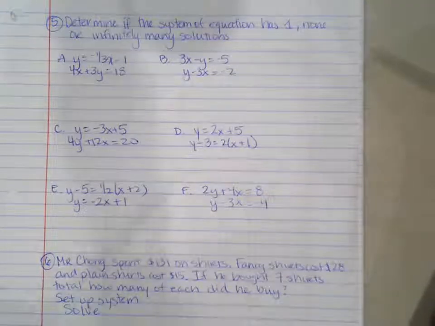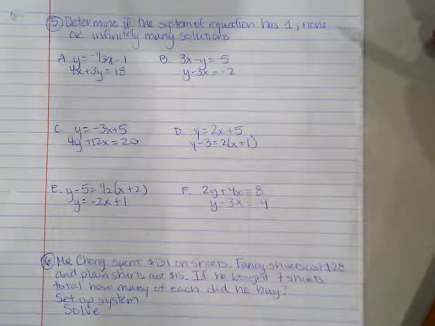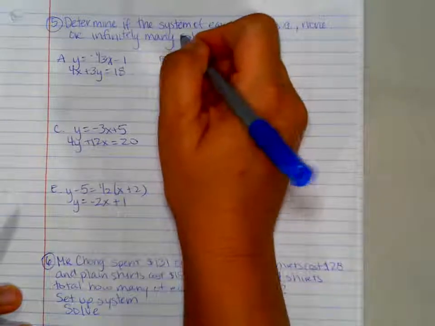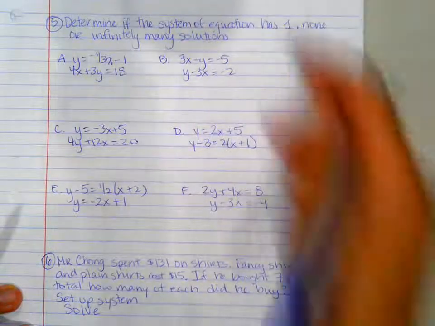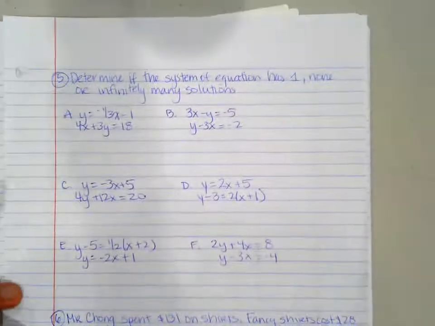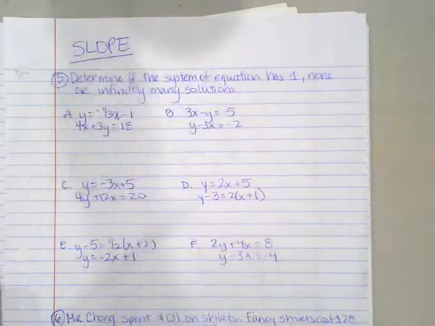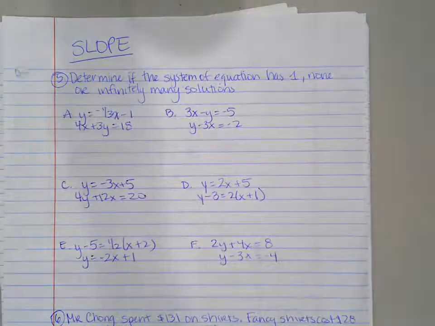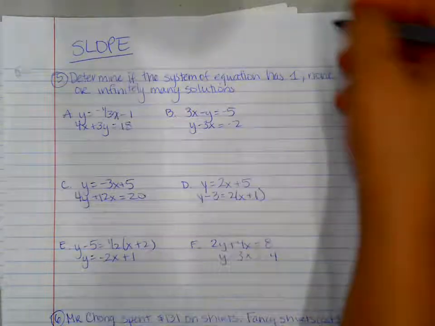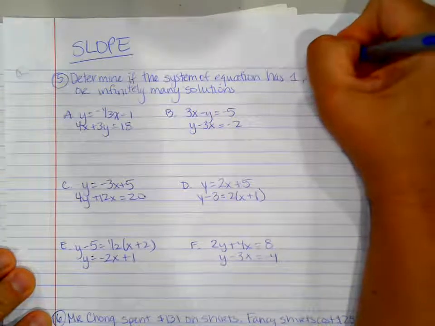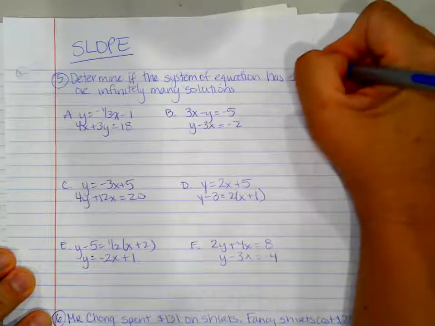And to do that, you are not going to solve every problem. That is a big waste of your time, because what you need to understand is how this works with slope. You're looking for slope. If you have the same slope, there is no solution.